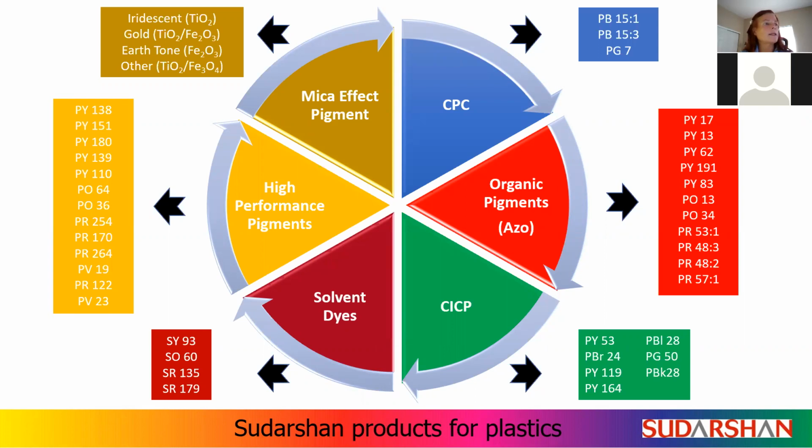And on the inorganic side, we are just now launching our line of CICP products. So you can see some of the first entries into this portfolio for us. And then as well as the mica effect pigments. We have a number of products to offer that might meet your needs in plastic coloration.